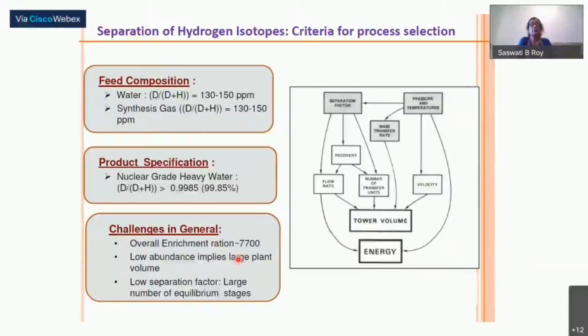Now, as we said, for the separation of hydrogen isotopes, including D2O also, the separation factor is small and the enrichment requirement is very high, so generally the number of stages required will be very high. So the total column volume, in terms of diameter and column height, is quite big.